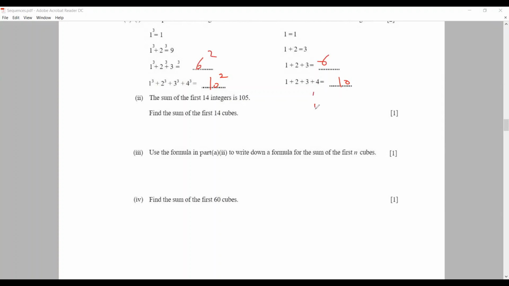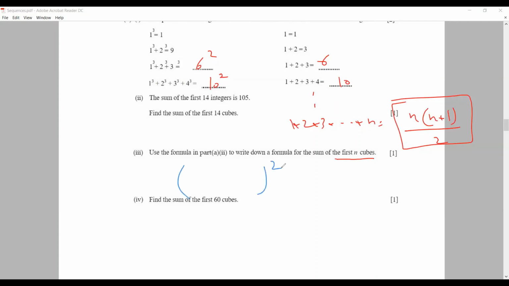And for the first n terms, if this is n times n plus 1 divided by 2, which we got from the first part of this question, then the sum of the first n cubes should be this whole thing raised to the power of 2. So n times n plus 1 divided by 2, all raised to the power of 2, as easy as that.